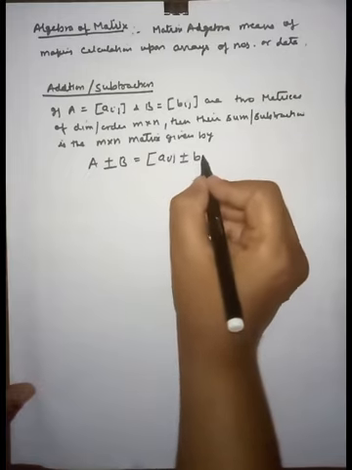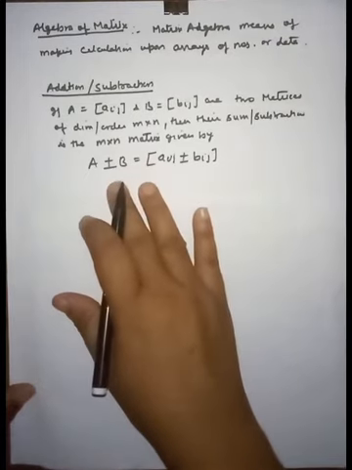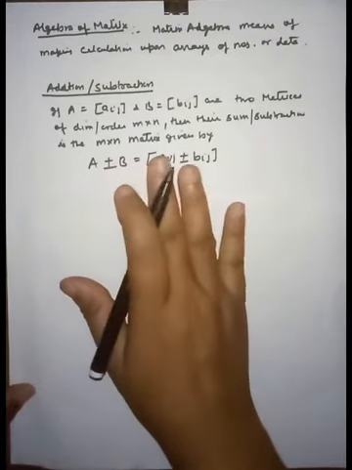Aij plus minus Bij, and the result comes in the same order, right?